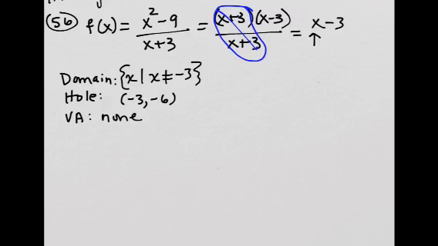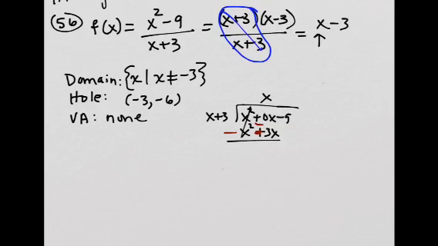So you'd have to do the long division. X plus 3 into x squared plus 0x minus 9. We have to put a placeholder. So x goes into x squared, x times x plus 3. We're subtracting, so that's minus, and then this turns minus.